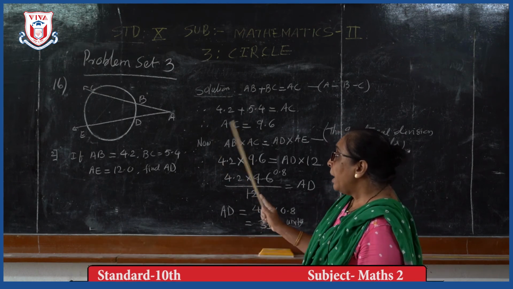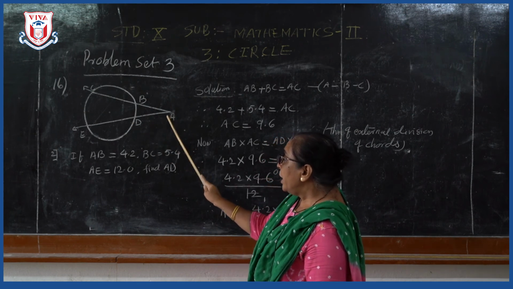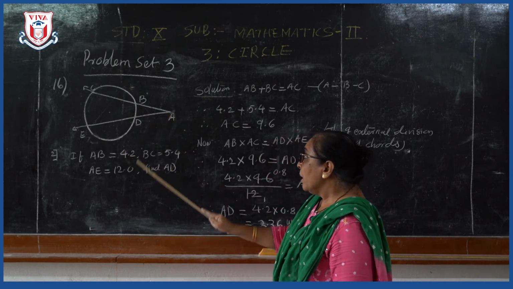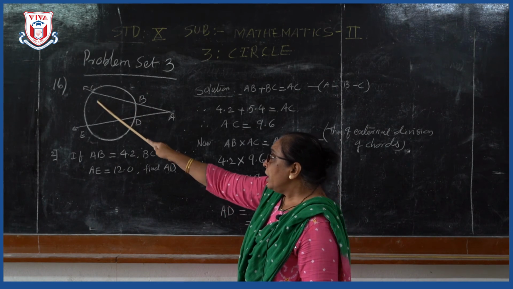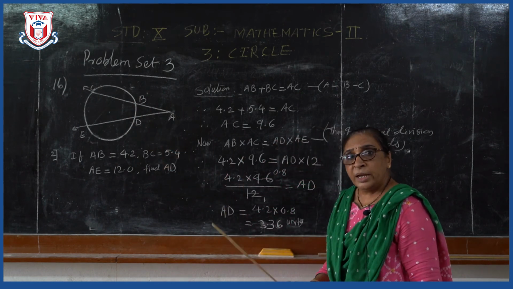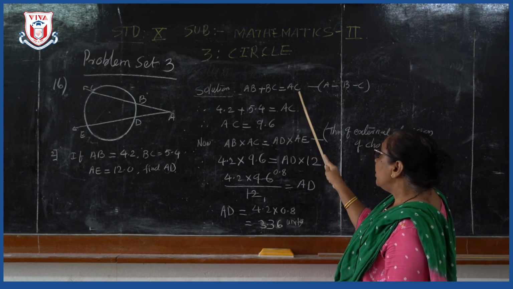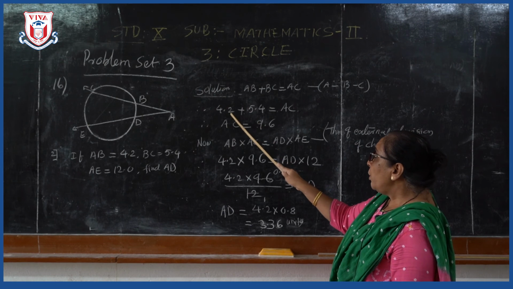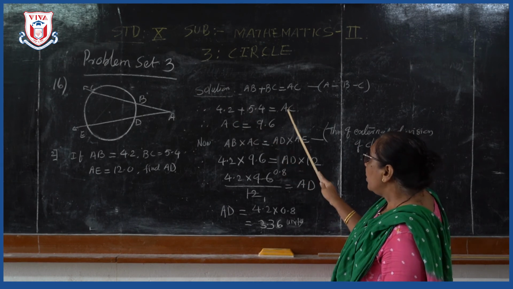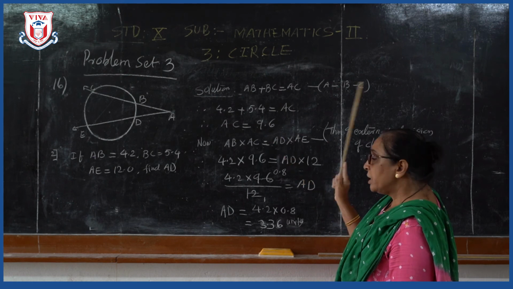So we can apply the formula AB into AC is equal to AD into AE. Now AB and BC are given but AC is not given, so we have to find out that AC first. We know that AB plus BC is equal to AC. So 4.2 plus 5.4, that is AC. So AC is equal to 9.6.